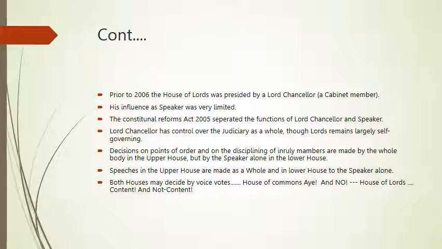In House of Commons, yea and no. If an MP is favoring a bill, he will say yea, and if he is not favoring that bill, he will say no. In the House of Lords, the same procedure decides by voice votes, but the terms they use are different. In the House of Lords they say content for favoring and non-content for not favoring the bill.